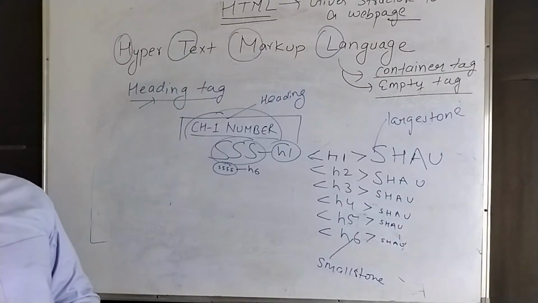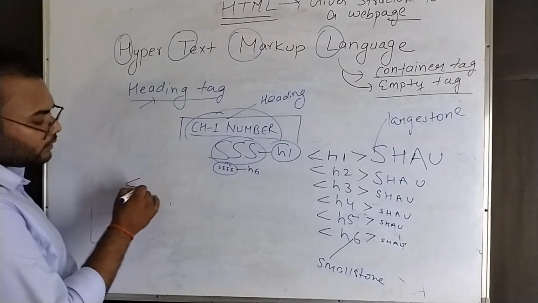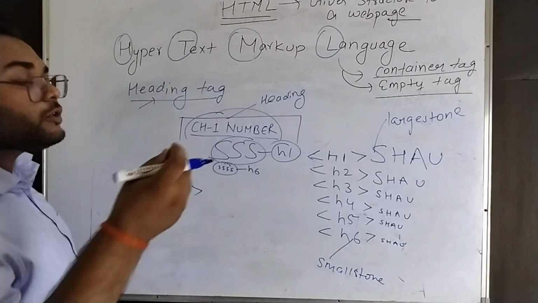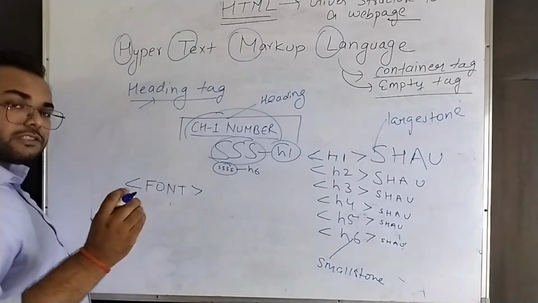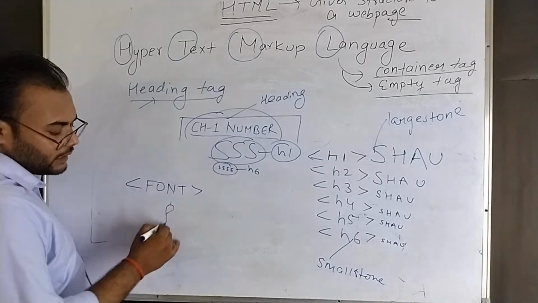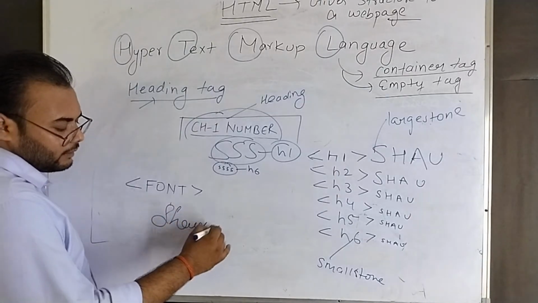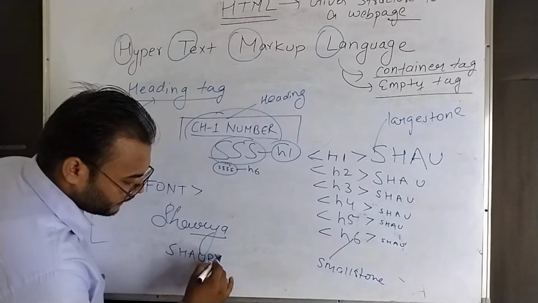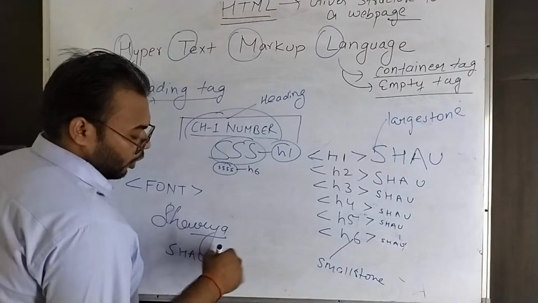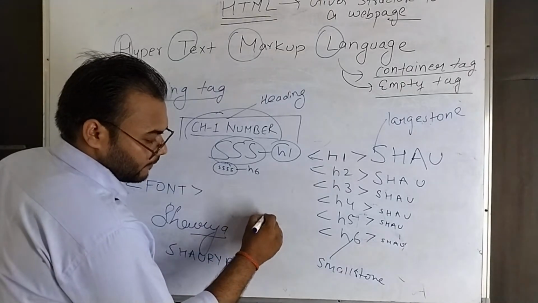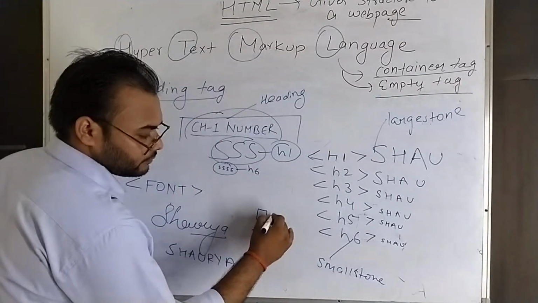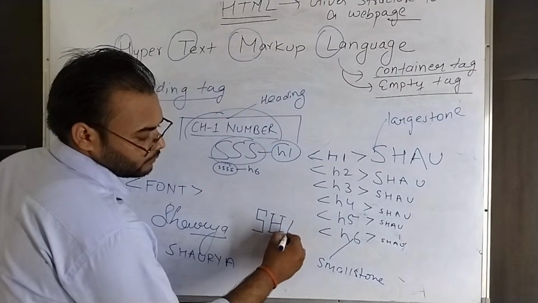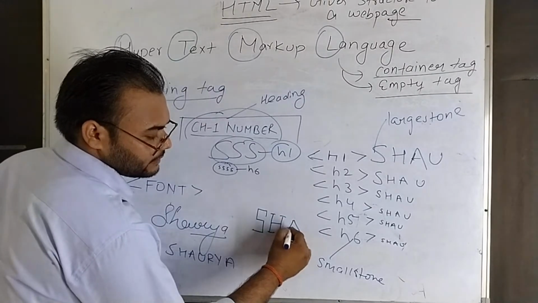Now coming up to the font tag, the next tag is called the font. Font का मतलब क्या है, the style which you are giving to your text, like this. एक नाम को लिखने के बहुत सारे फॉर्मेट होते हैं, सपोज़, like this we can write, this is also a writing, this is also a writing, इसी नेम को लिखने का, ठीक है। और भी बहुत सारे नेम हैं, ऐसे भी लिख सकते हैं, we can write S like this, we can write H like this, we can write A like this, है ना?